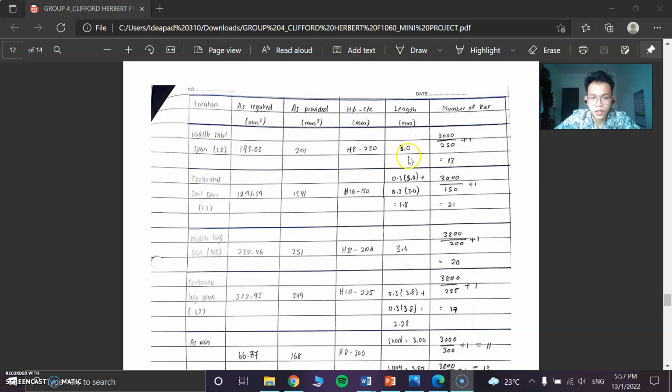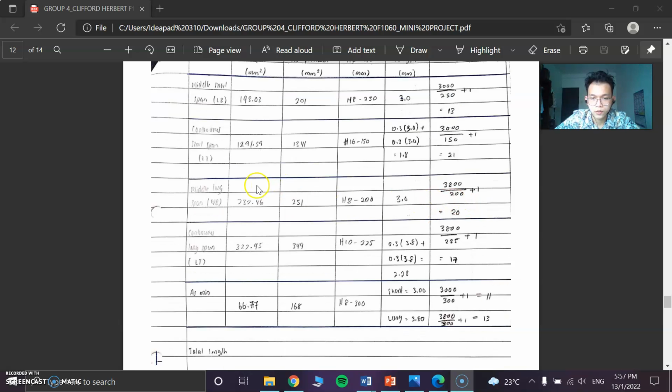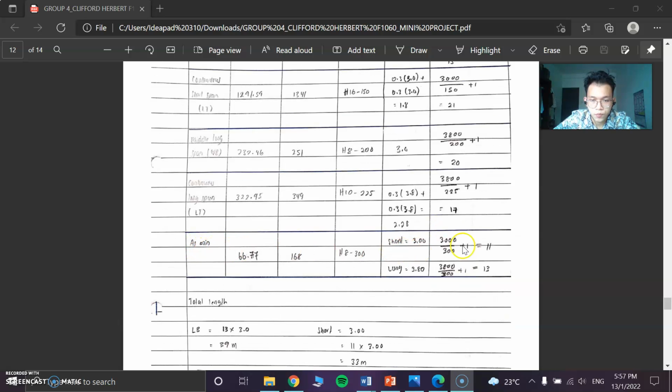For the middle short span, the number of bars is 13, continuous short span 21 bars, middle long span 20 bars, continuous long span 17 bars, and for the AS min, for the short is 11 bars, and for the long is 13 bars.